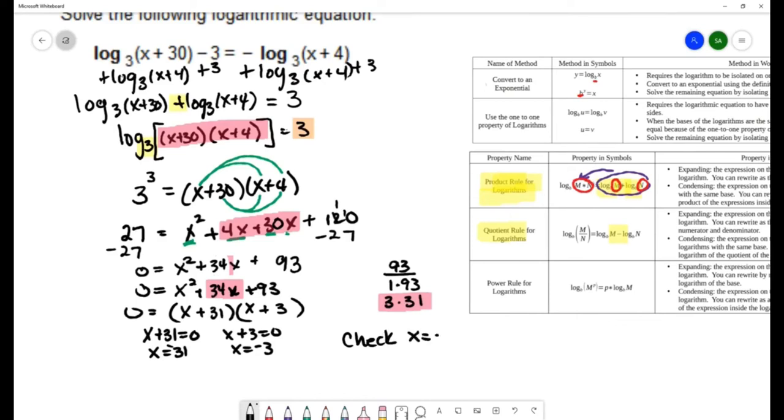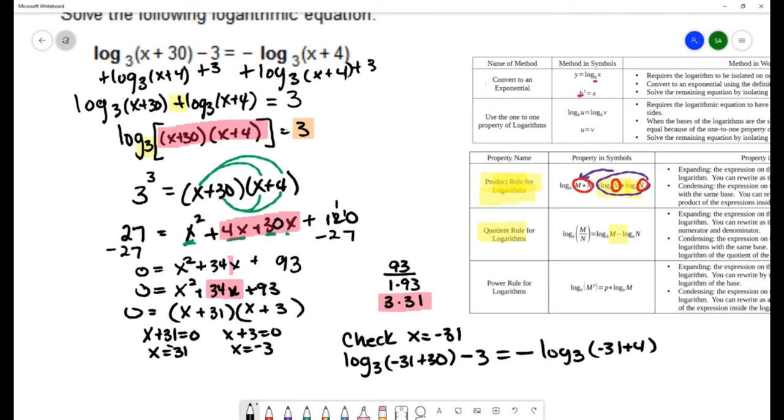So we've got the original equation shown up there at the top, and I'm going to check x equals negative 31 in the original. We've got log base 3 of negative 31 plus 30 minus 3 equals negative log base 3 of negative 31 plus 4.